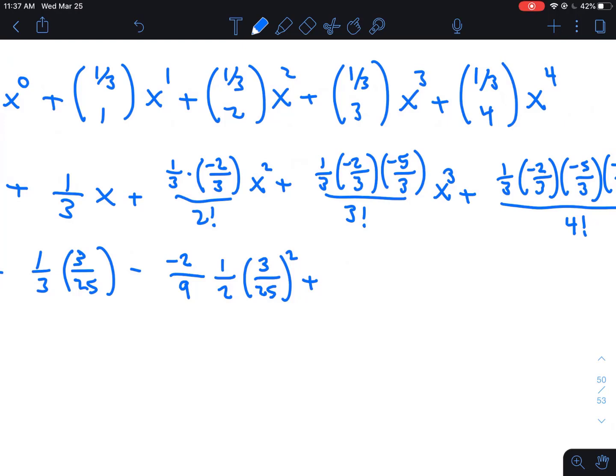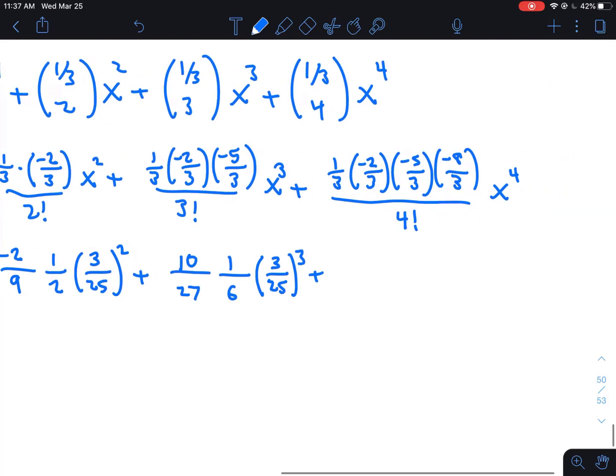Next up, I'm just looking at the numerators at my first go, so I see that that's going to be a positive 10, divided by 3 times 3 times 3, which would be 27. Then I go to the denominator, I see 3 factorial, so that's 3 times 2 times 1, which is 6. Then we multiply that by x cubed, so 3/25 cubed.